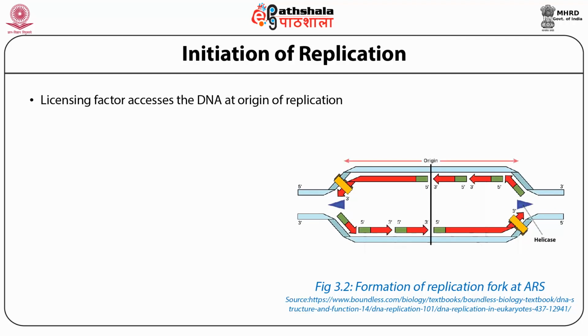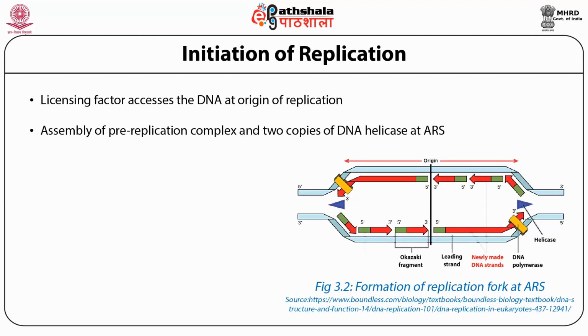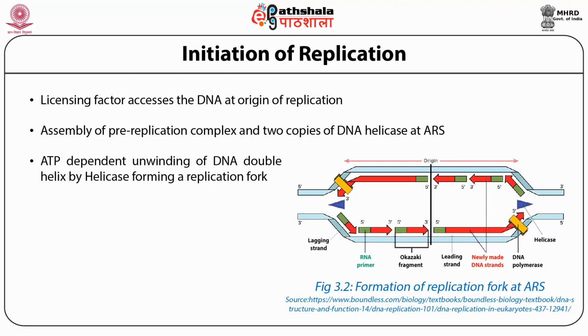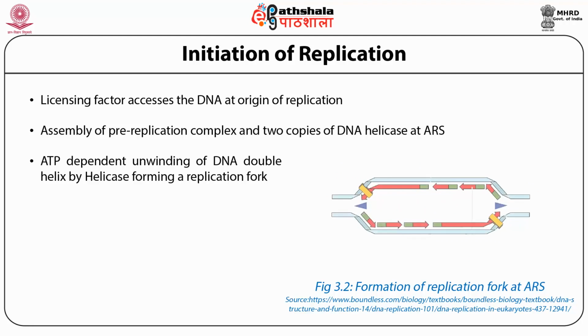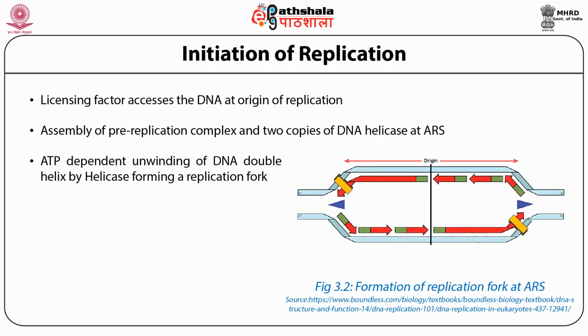This is followed by the assembly of the pre-replication complex and 2 copies of DNA helicases at the ARS, which is the site of origin. Helicase induces ATP-dependent unwinding of the DNA duplex, forming 2 individual single strands of DNA templates.